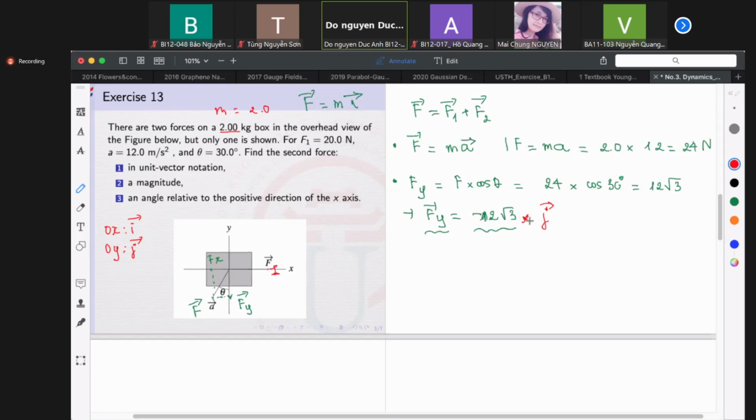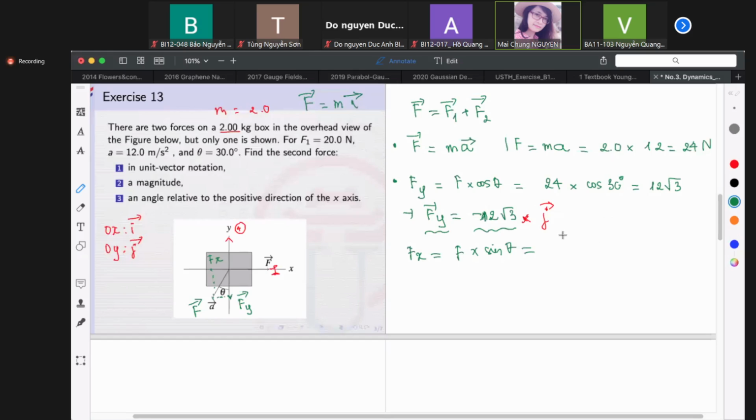Okay? Yes. So why do we have the negative here? Negative here because in this case, if we choose the positive direction upward, that means the component of F is in the negative direction, downward. So that's why we have the negative here. Vinh, is that true? Yes. Okay, so now what about Fx equal to F multiplied by sin theta.